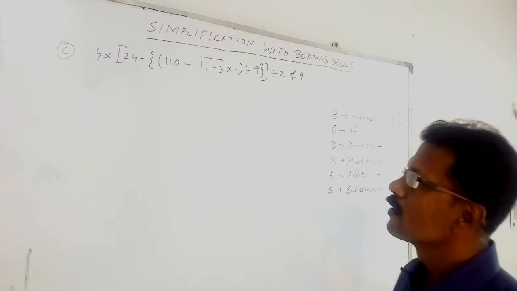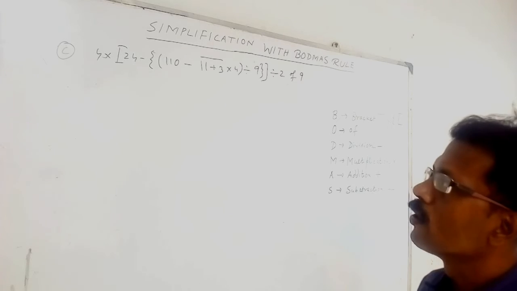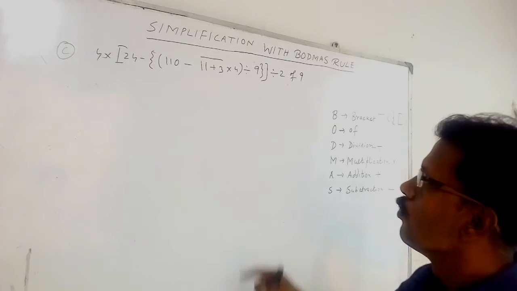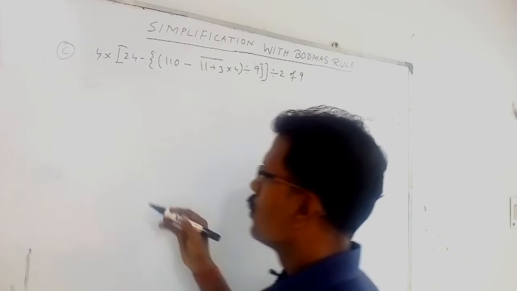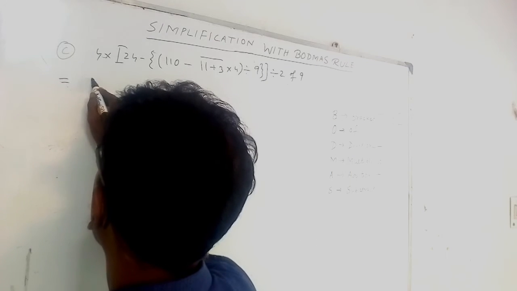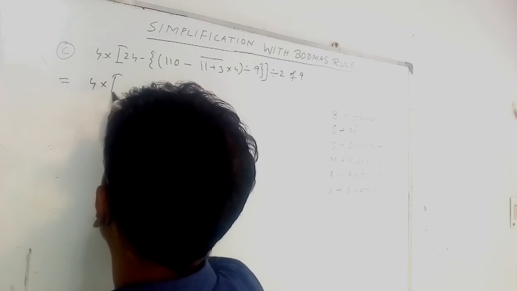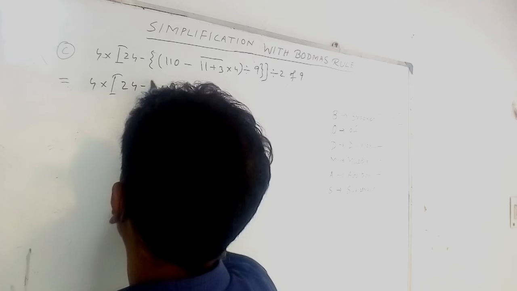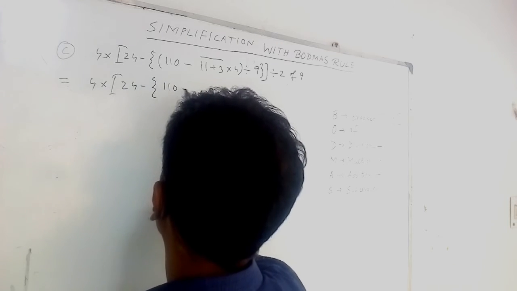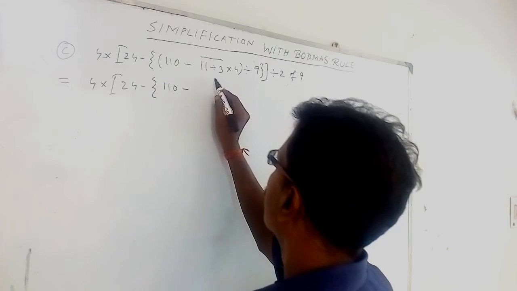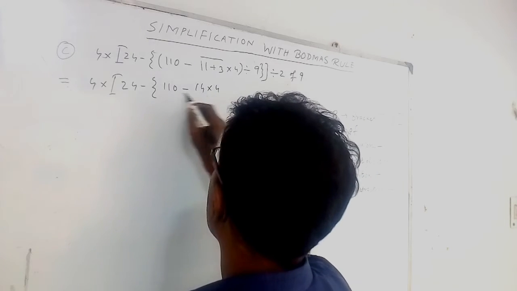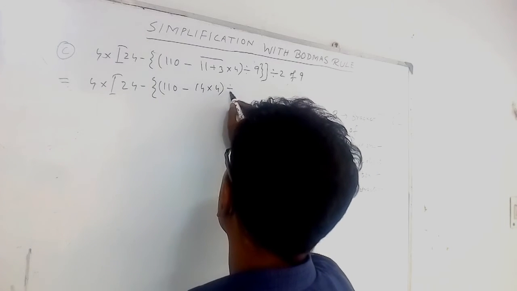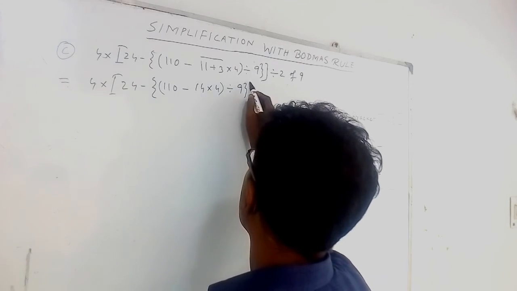Okay friends, this is the third sum we are going to perform. First the work of the line bracket should be done: 11 plus 3 is 14. Copy all the remaining things: 4 into 24 minus 110 minus 14 into 4 divided by 9.